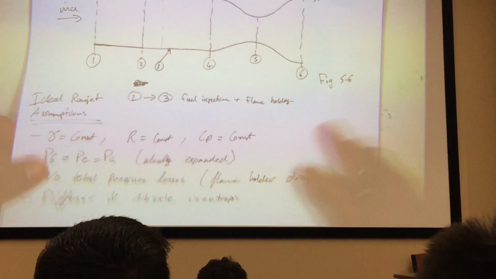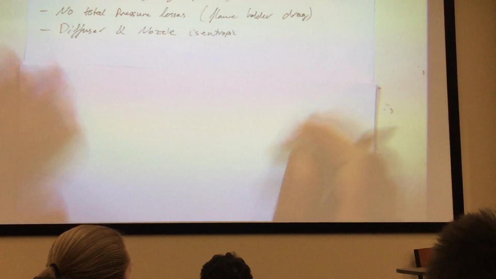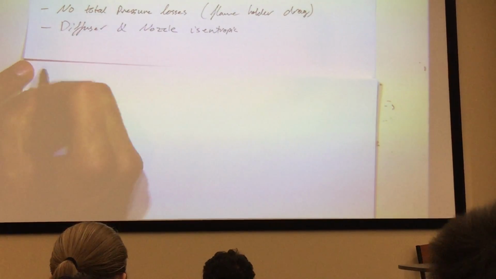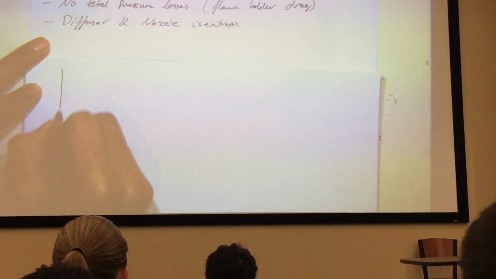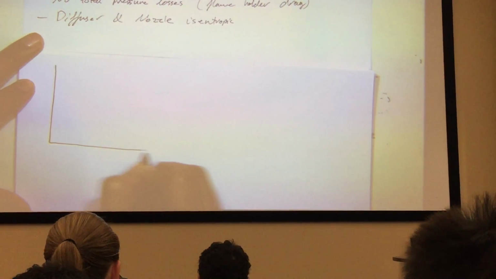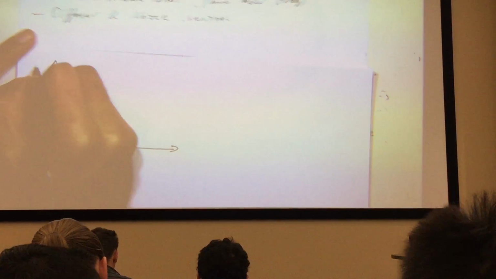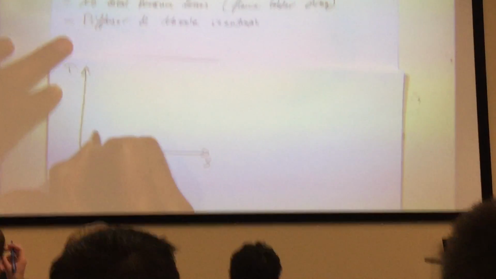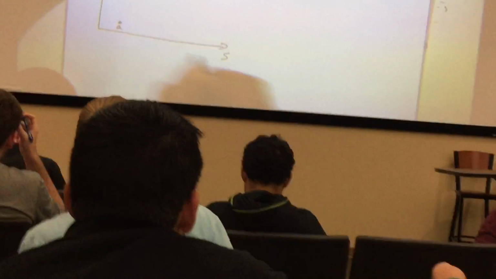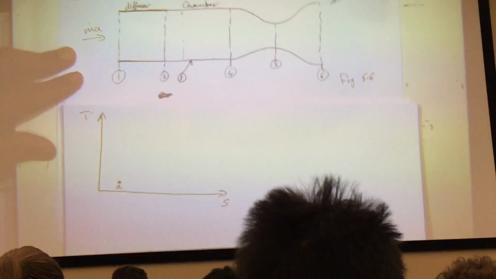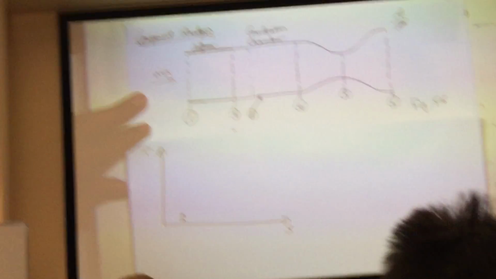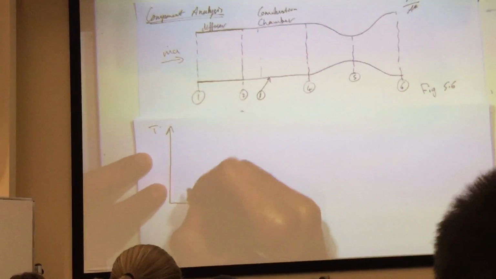Okay, so what does this mean about my TS diagram? So if we draw a TS diagram, if I'm starting here at the inlet, right here. What's going to happen?